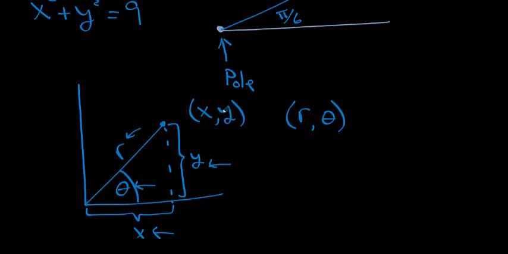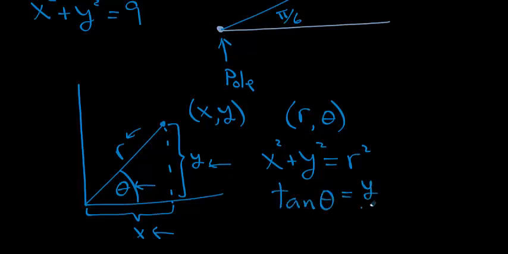If we want to find out how x, y, and r and theta are related, you can see here that obviously x squared plus y squared equals r squared, right? Just Pythagorean theorem. And you also know that tangent theta equals y over x. So there's a couple of relationships that are helpful to us.